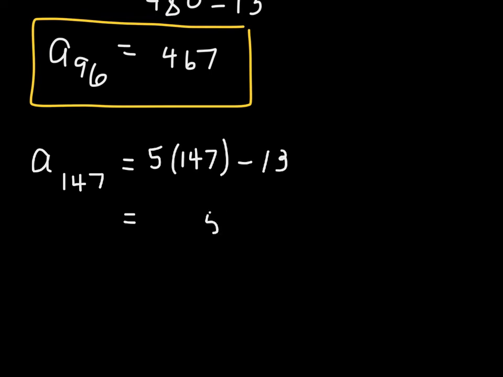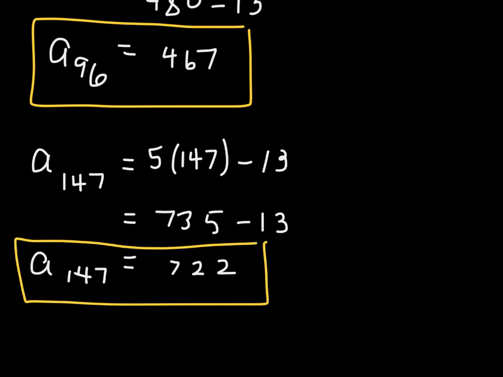I'm going to do this multiplication really quickly. Carry the 3. 5 times 4 is 20, plus 3 is 23. Carry the 2. 735 minus 13 is equal to 722. 722 is the 147th term in this sequence. I mean, isn't that great, you guys?